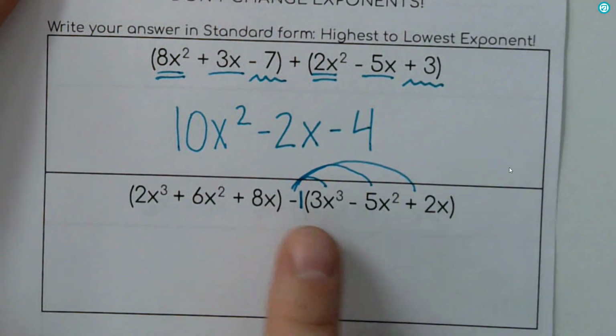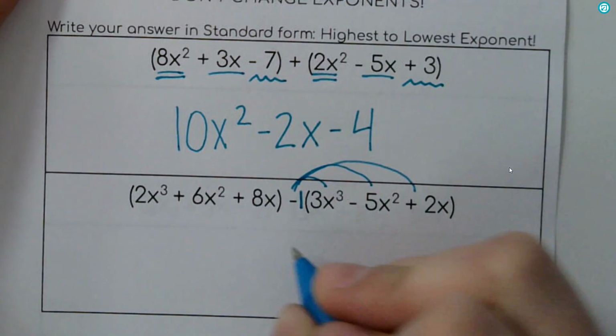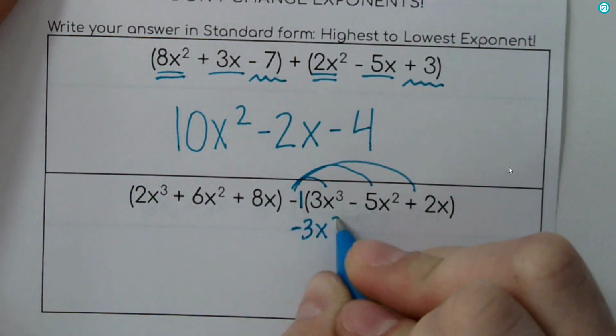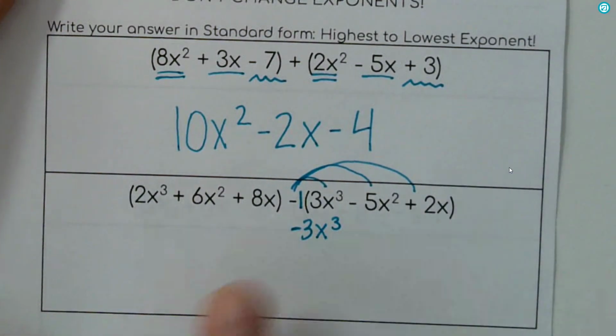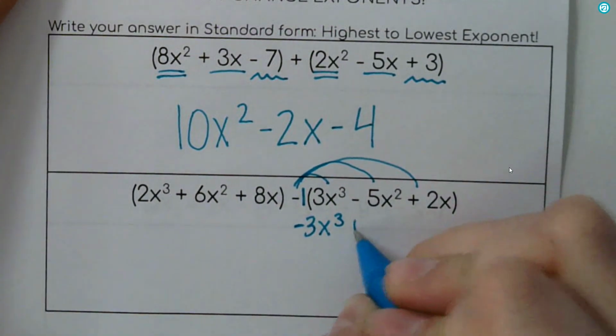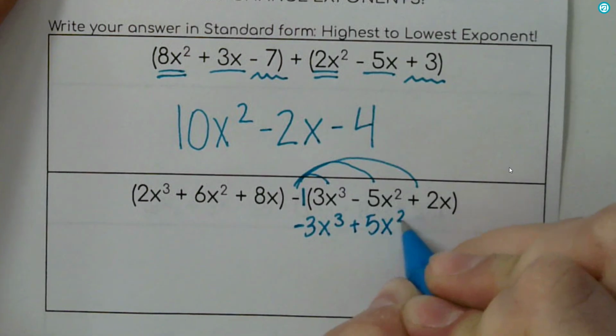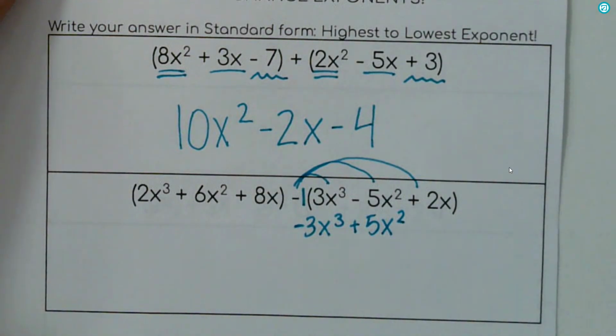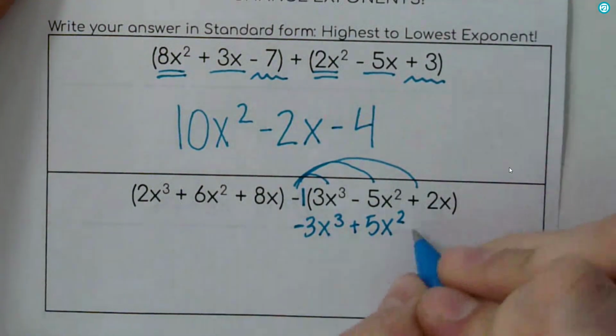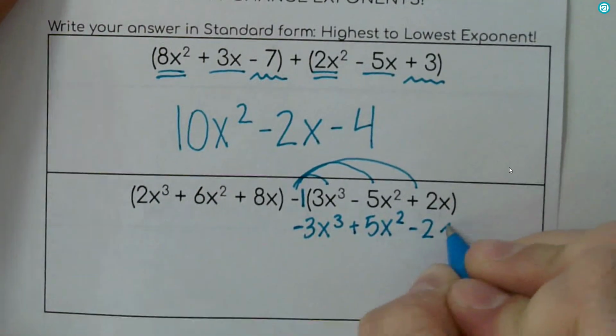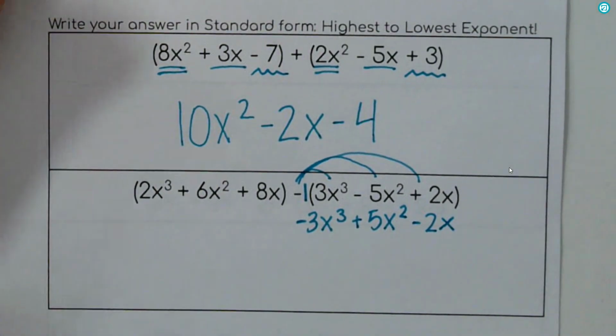Negative 1 times 3x cubed is negative 3x cubed. Negative 1 times negative 5x squared is positive 5x squared. And negative 1 times 2x is negative 2x. So you only need to distribute to the one that you are subtracting.